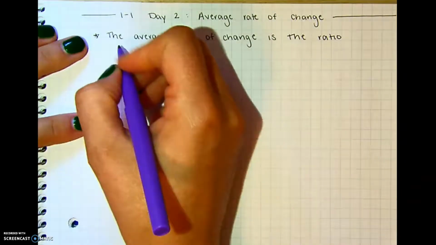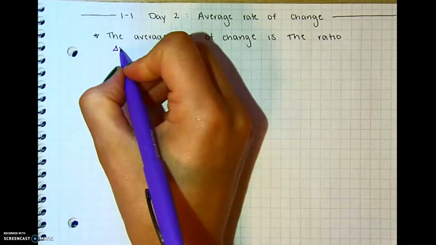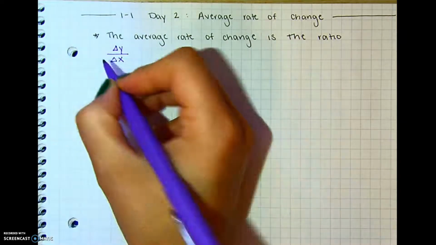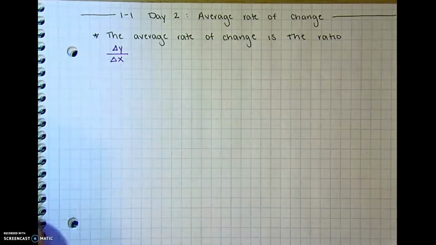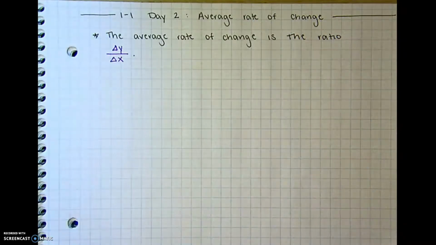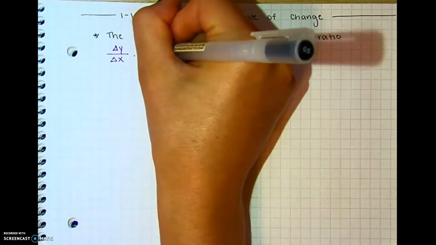We don't write out the word change with the symbol delta. It means change in y over change in x. You might want to make a side note if you think you'll forget that. This is the same as the slope of a line, and that's what should be familiar to you.